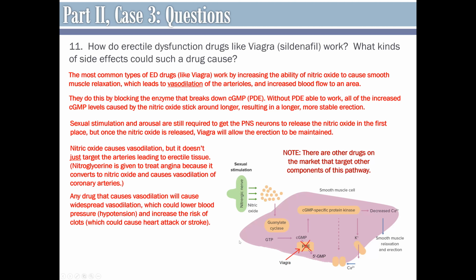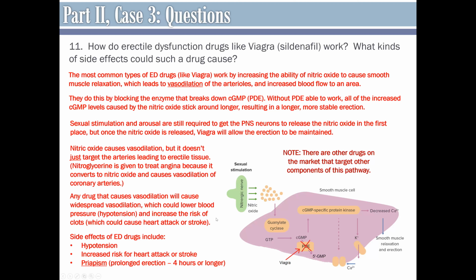So any drug that causes vasodilation will cause widespread vasodilation, which could lower blood pressure, which is called hypotension, and it can also increase the risk of clots, which could lead to heart attacks or strokes, because if you reduce the blood pressure, then the blood is not moving as quickly and it can sit there and it can clot.